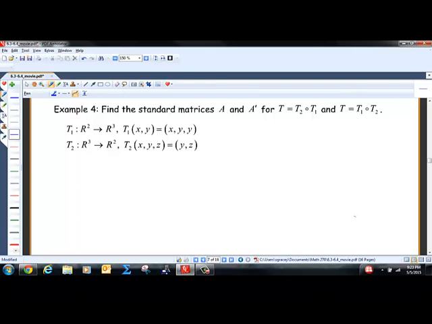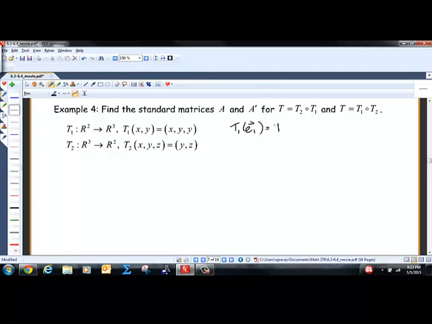So for the first composition, this is what we'll have. First off, let's figure out what we're going to have. We'll do some side work here. T1 at E1 is going to be equal to, so what's our first linear transformation?